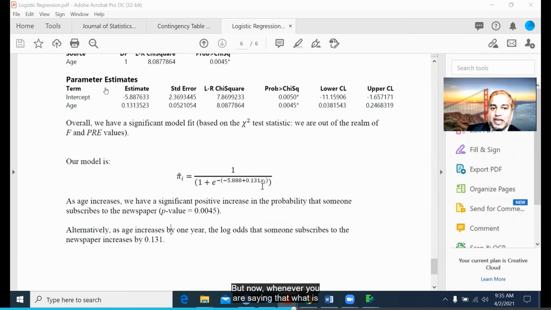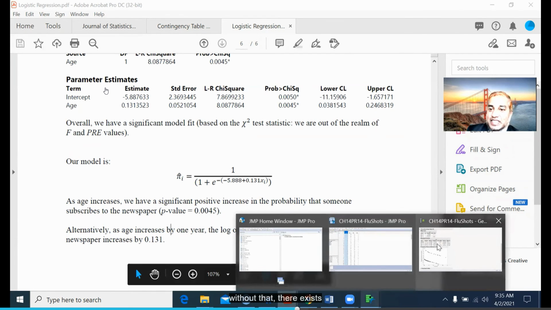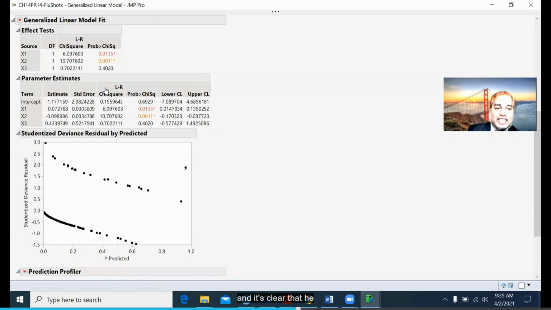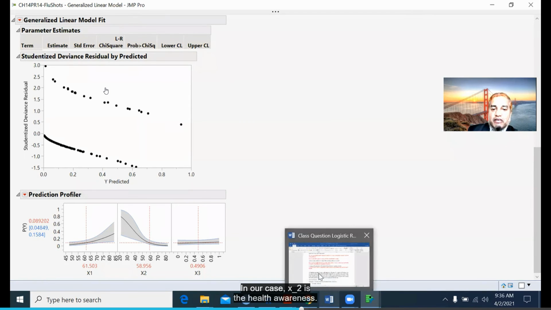But whenever you are asking what the chance is that someone gets a flu shot when age is increasing, you can only say whether there exists a positive increase or a negative increase. And it's clear if you look at the profile plot for the individual value of x and the probability that someone gets a flu shot. You can see here as x2 is increasing. So what is x2? In our case, x2 is the health awareness.